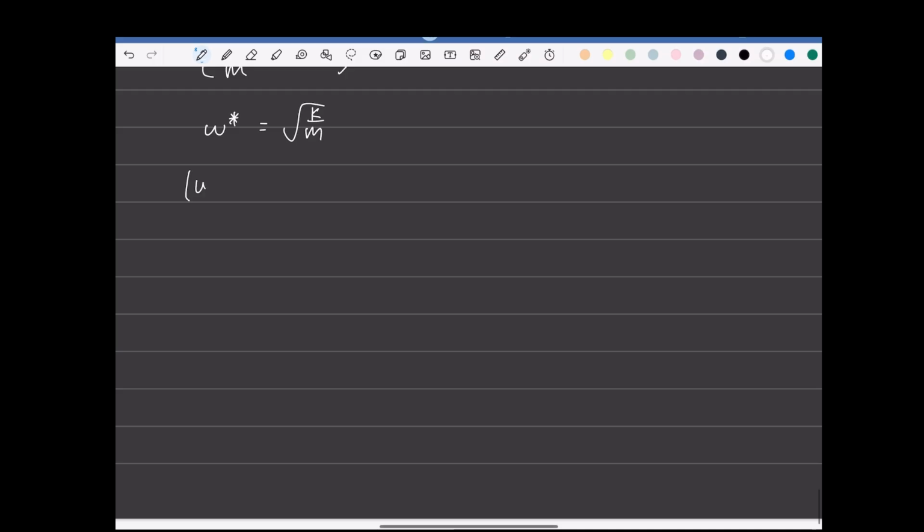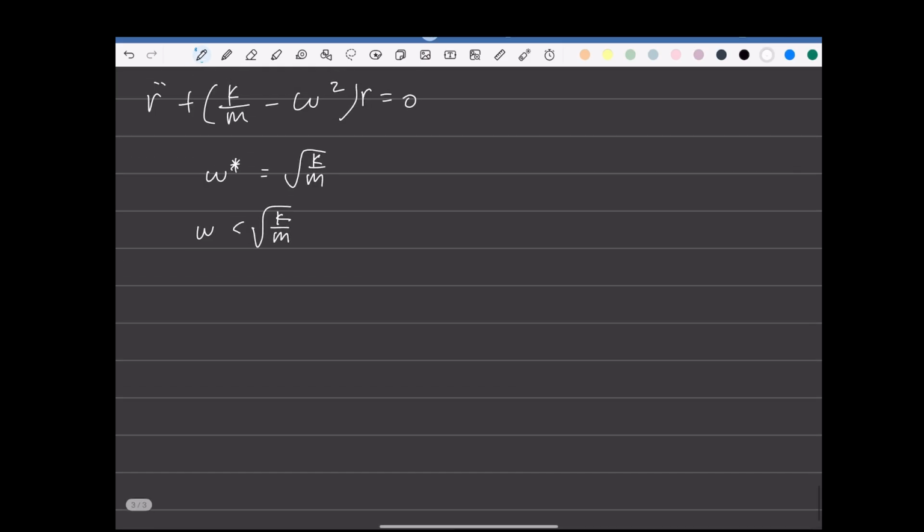So, when omega is smaller than the square root of k over m, we get a sort of oscillatory motion, and the spring force wins over the centrifugal force. So r of t should be of the form cosine of capital Omega t plus phi, where capital Omega is the square root of k over m minus omega squared.